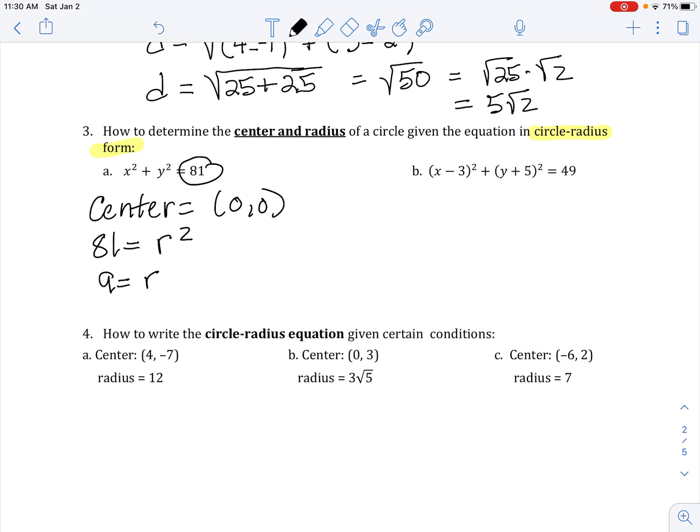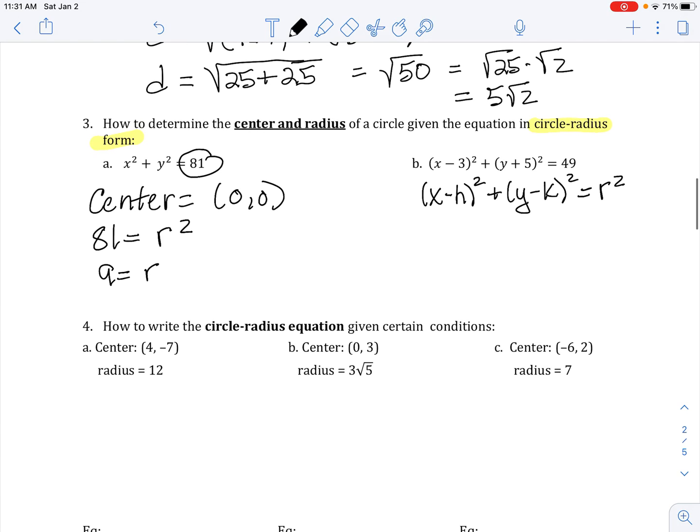3b, how do we determine the center and radius? Well, this is now written in the translated form, (x minus h) squared plus (y minus k) squared equals r squared. If we were to translate it from 0, 0, this would be a shift 3 units to the right and 5 units up. So that means that my center point, or 5 units down, because it's y plus 5.